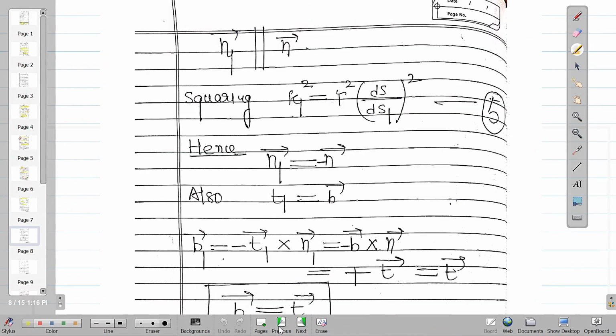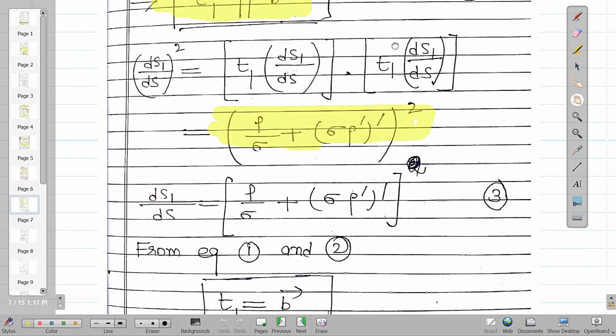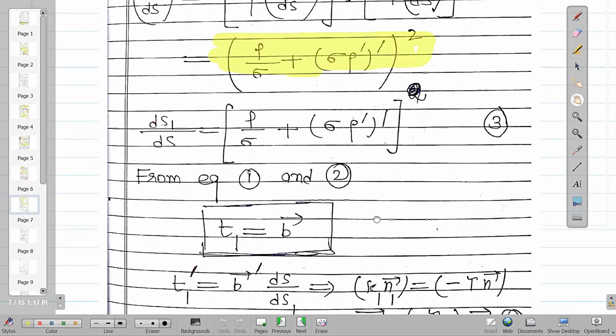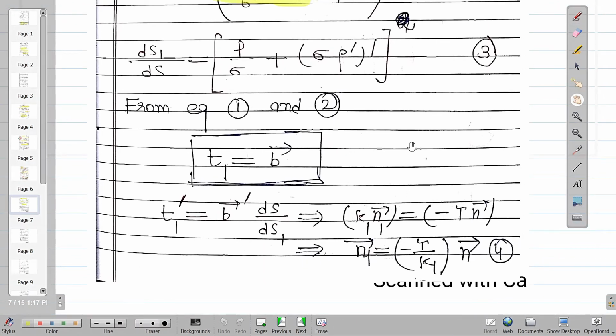So before going to this term, here it is missing something.